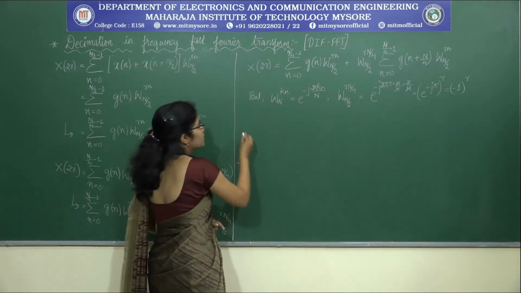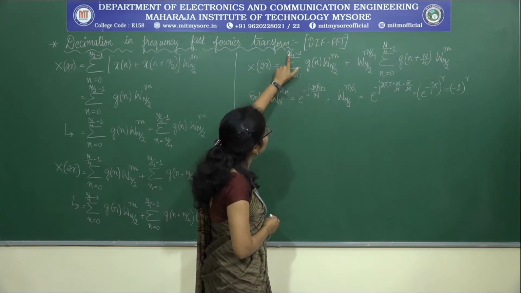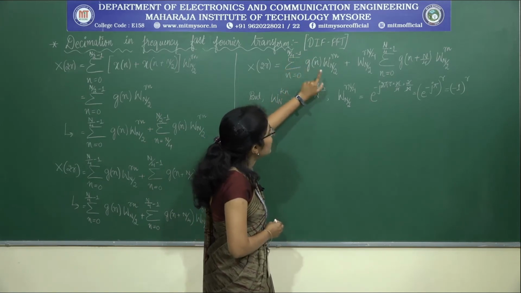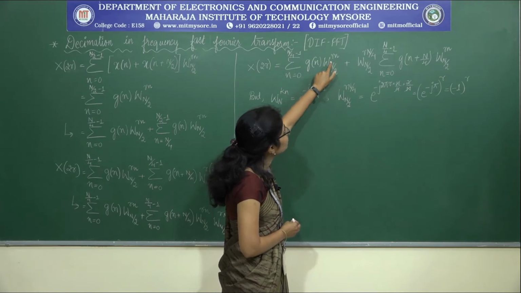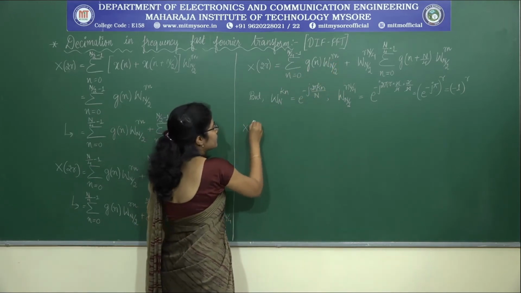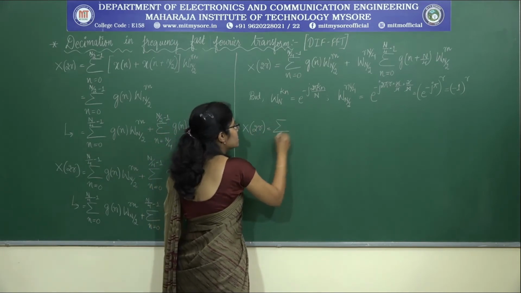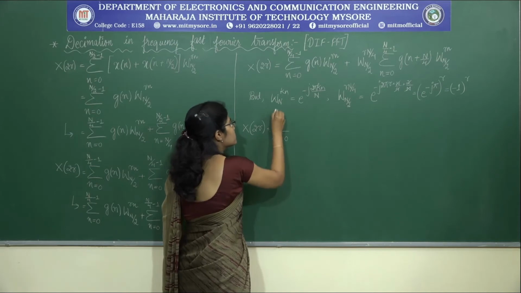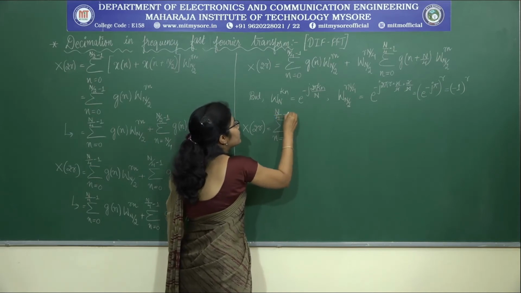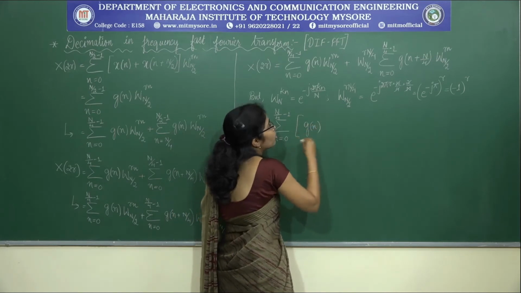So, let us tabulate in the equation, and also let us take summation n ranges from 0 to N/4 minus 1 and omega N by 2 to the power of Rn as a common factor in a single step. That is, X of 2r will be equal to summation n ranges from 0 to N/4 minus 1 into g of n.